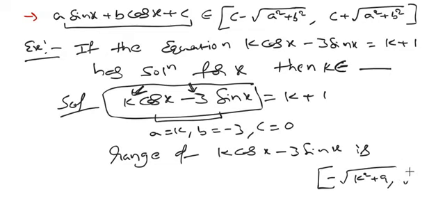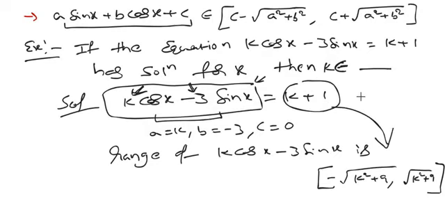Here c is 0, so the range of this function is the closed interval from negative root over k square plus 9 to root over k square plus 9. Whenever k plus 1 also belongs to this interval, then a solution may exist. If k plus 1 does not lie in this interval, how can these both be equal? If this also lies in this interval, then a solution may exist.